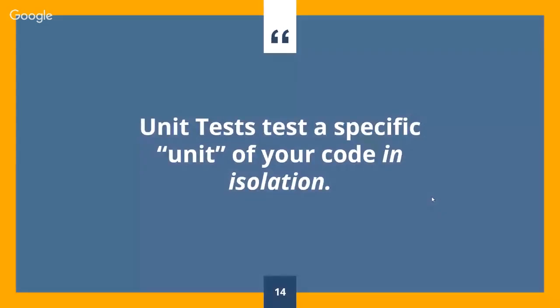Now, the first type of tests that we'll explore in more detail is the unit test. Like I said, this is the test that you have to write for your project. A unit test is by definition code that tests a unit. And what is a unit exactly? Well, that depends on the programming language you're using.